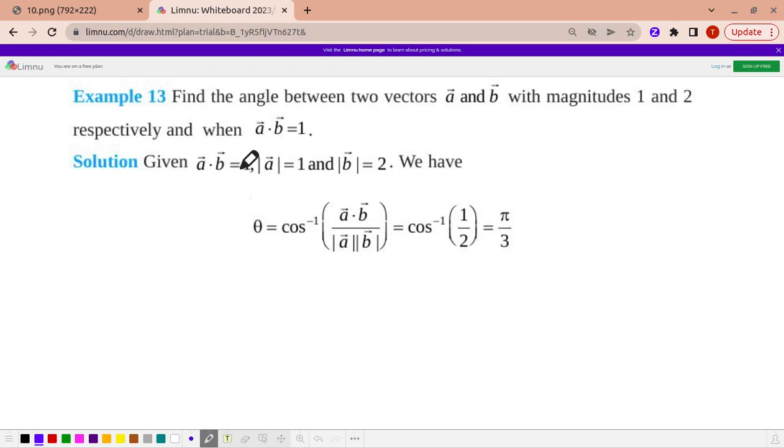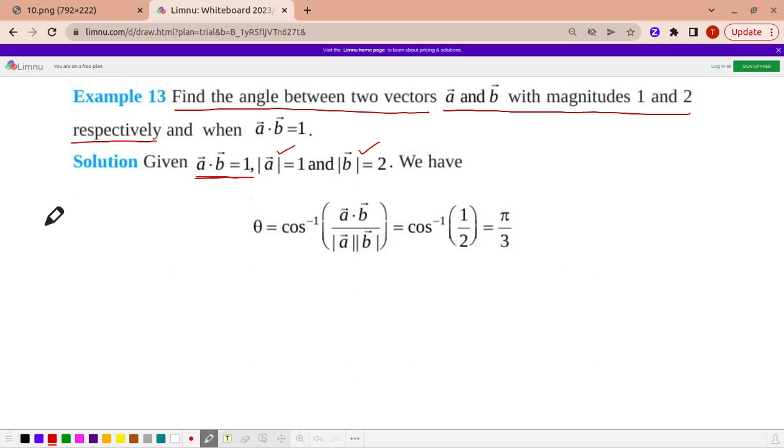A dot B equal to 1 is given, and the magnitudes of the vectors A and B are 1 and 2 respectively. That means mod of vector A is 1 and mod of vector B is 2. These are the information given to us, and we need to find the angle between these two vectors.